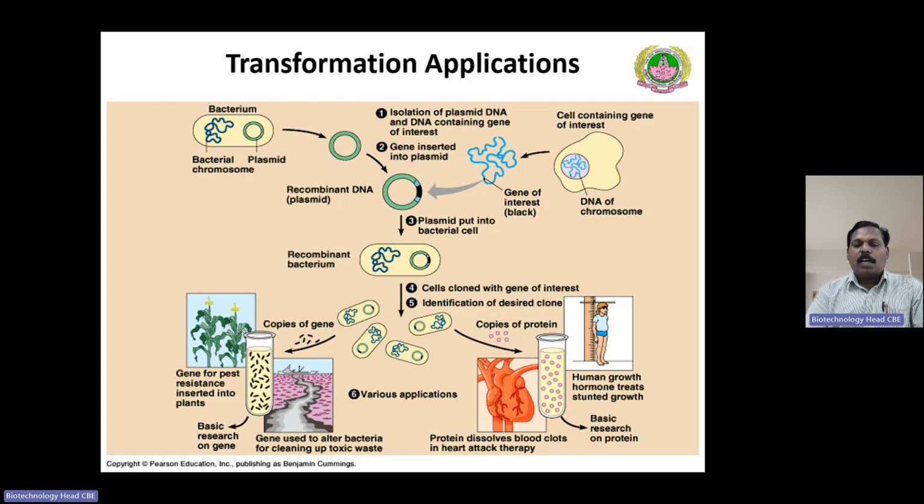You can also deploy recombinant DNA technology or the transformation process to clone genes which produce protein products that would degrade toxic waste in the environment. In the medical sciences, proteins which dissolve blood clots, like thrombins, can be produced, which aid in therapeutic procedures. Some industrial proteins, such as those for human growth hormone production, can also be produced using a bacterial cell as an expression system.